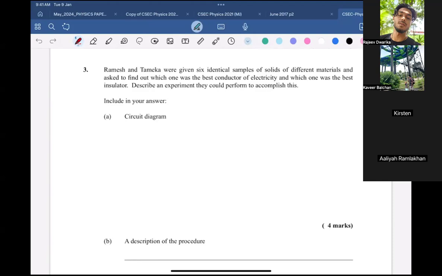If something is a good conductor, what do I mean? What could pass through it?